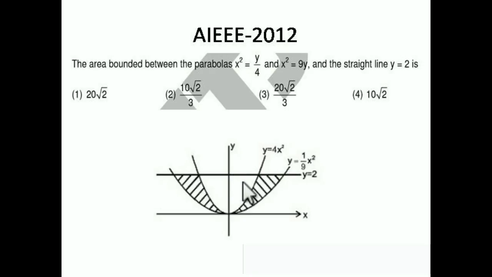Now what you have to do, just this bigger parabola, I draw the area which it makes. This much of area is covered by the bigger parabola, y is equal to 2 and the y axis.